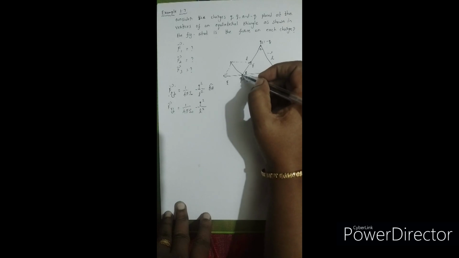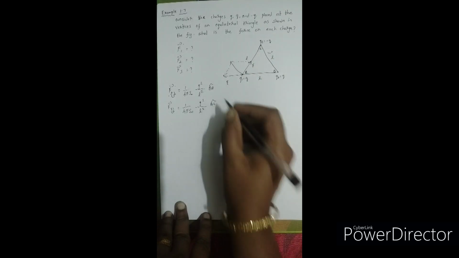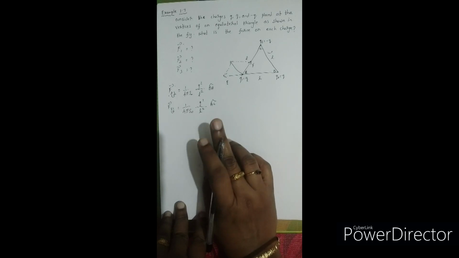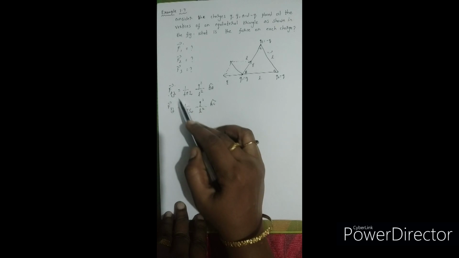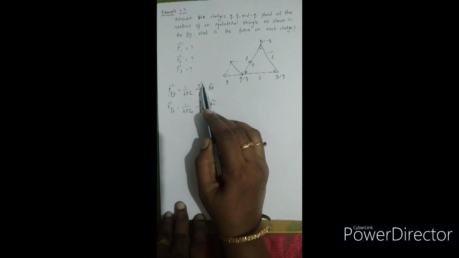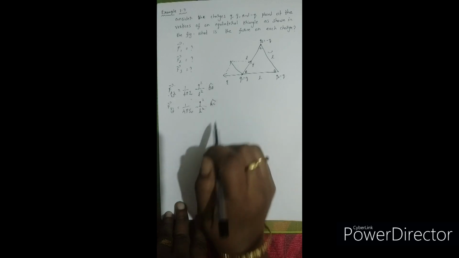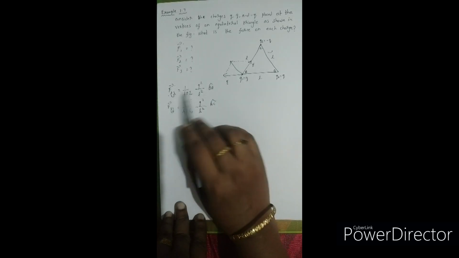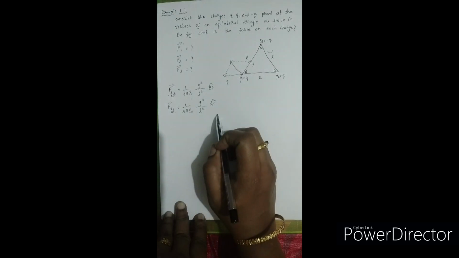The direction of the force is along AC, so AC unit vector. Okay, so see, for both the forces, magnitude is the same. Okay, right? 1 by 4 pi epsilon naught Q square by L square. Magnitude is the same, only the direction is differing. That's why while writing here, I didn't write F21 and F31. It is your F. Okay, right?